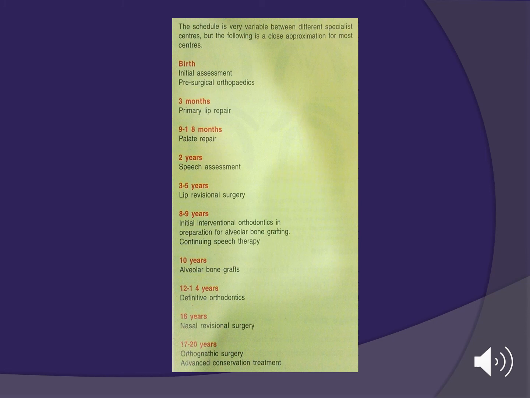So for the cleft patient, the treatment starts before birth with psychological support for the parents, and continues from birth till adulthood. So we cannot ignore the patient with cleft. Their treatment starts from when they are young until they become adults.